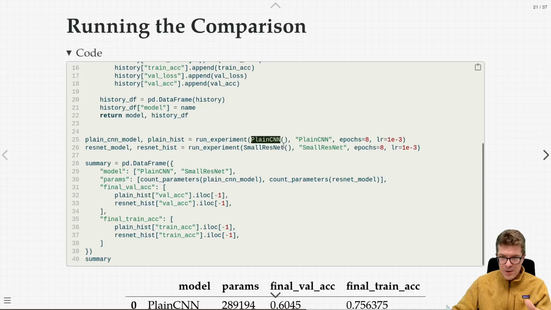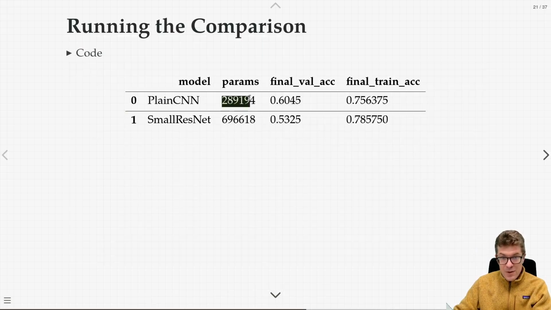I run an experiment with a plain CNN, 8 epochs, learning rate of 1 times 10 to the minus 3. My small ResNet, which I defined by hand, 8 epochs, learning rate is the same. So again, small ResNet is going to have a lot more parameters. Actually, here it is. It's more than double the number of parameters, but it's the same number of layers as my plain CNN.